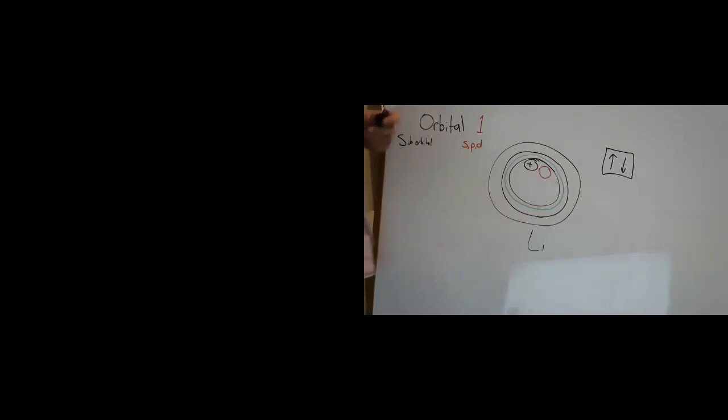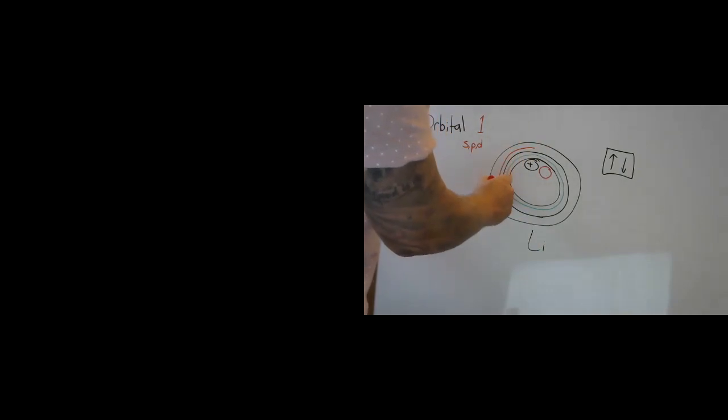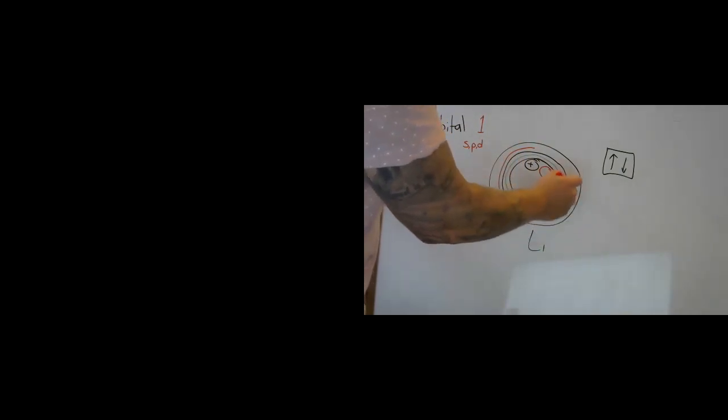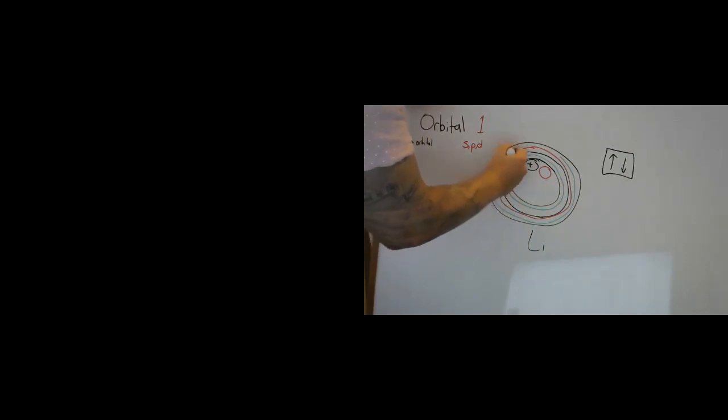The second shell has an S, which holds 2 electrons. Then it also has a P suborbital that holds 6 electrons.